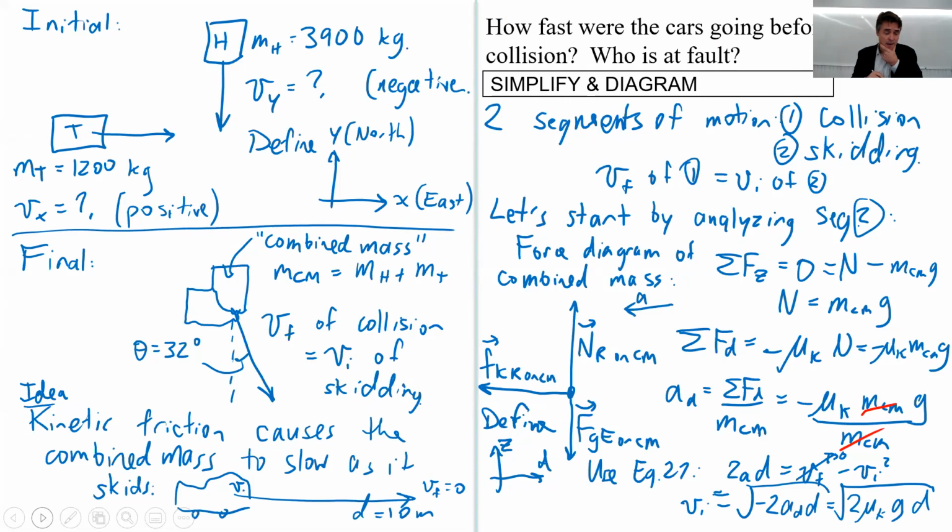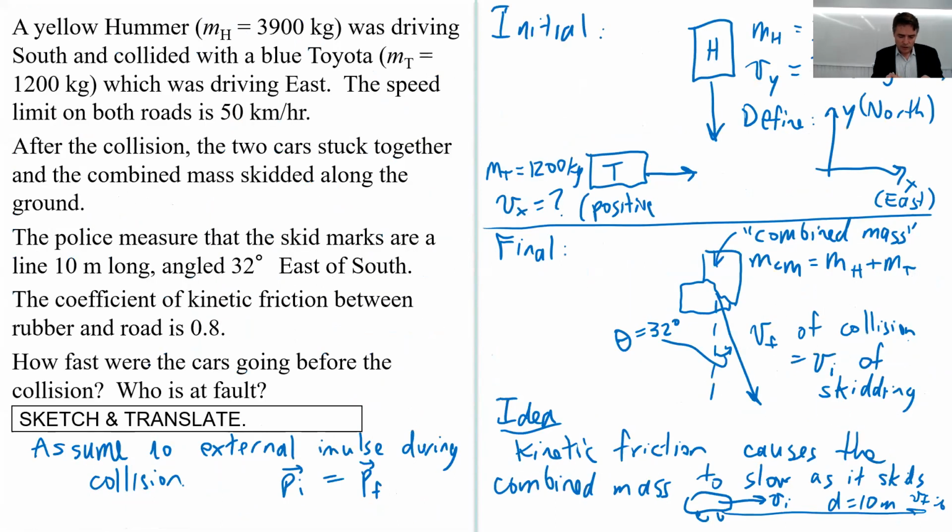So, why is the angle where it is? Like, how do you know that's where to draw it? Well, it says in the question that the police measure that the skid marks are a line 10 meters long angled at 32 degrees east of south. So you start from south and then go 32 degrees east. Oh, okay, thanks.